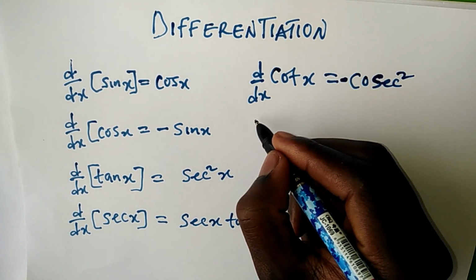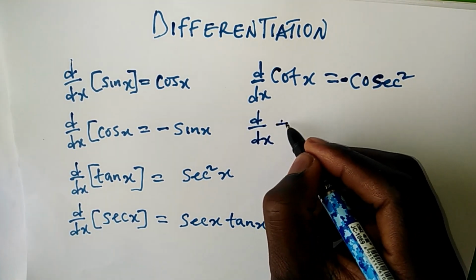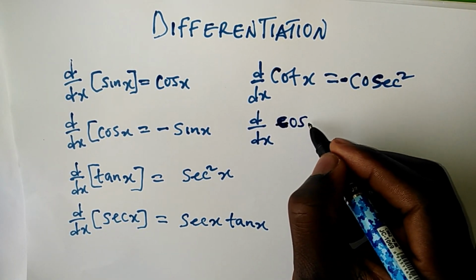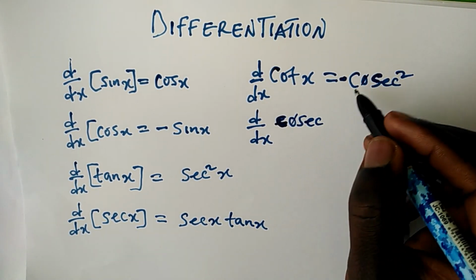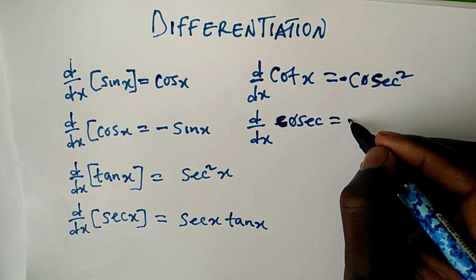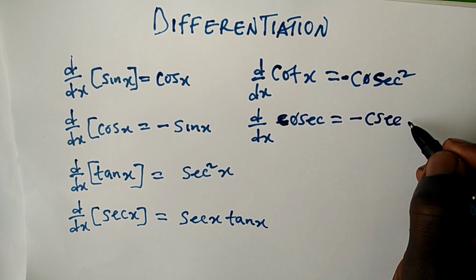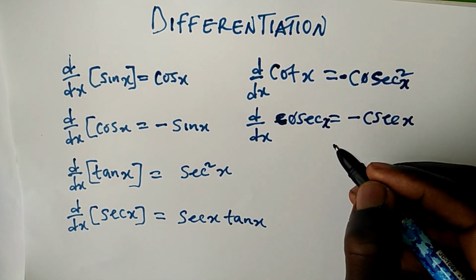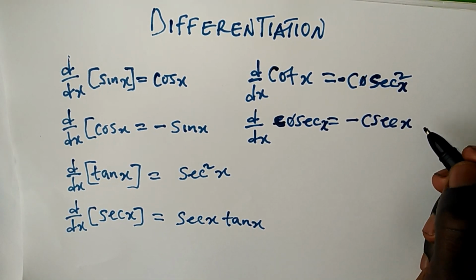And when you differentiate cosec x, sorry, there's no negative sign here, you can just eliminate this 0 if you don't want. I think it's best you don't even put a 0. Cosec x, what you get will be minus cosec x cot x.